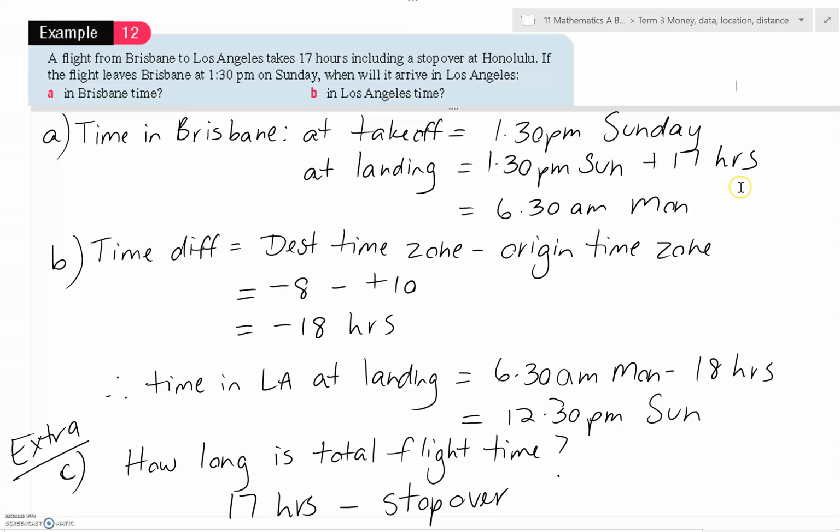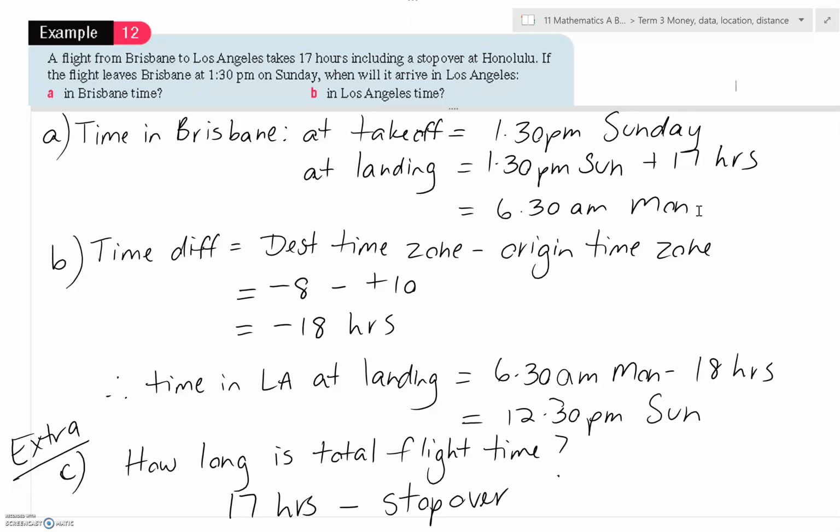Now, this is where it gets a bit tricky. Depending on what time of day it is, you might be moving into the next day, as we have done here. 1:30 p.m. on Sunday will take us to 6:30 a.m. on Monday. And if you struggle doing that, I suggest you break things into 12-hour sections.